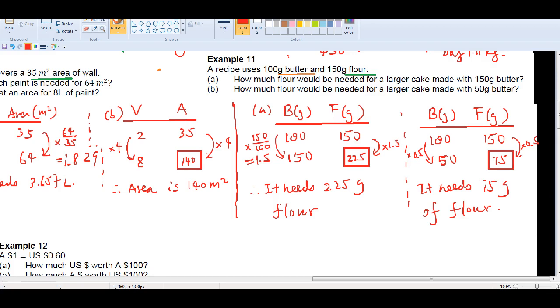Part B is about making a smaller cake, then you need less flour. So both part A and part B are to find the amount of flour you need. Just do what I show you, that will do it.